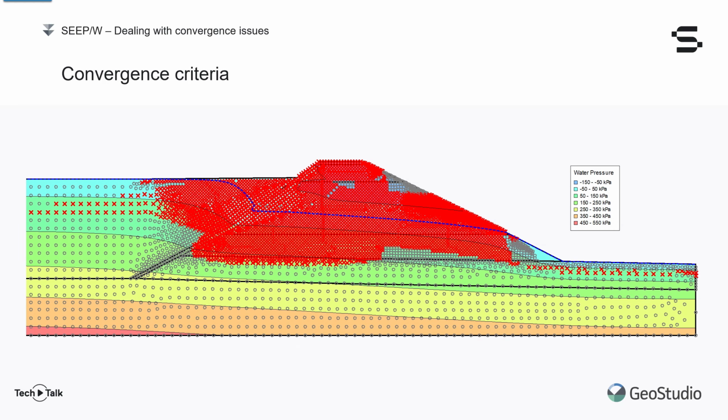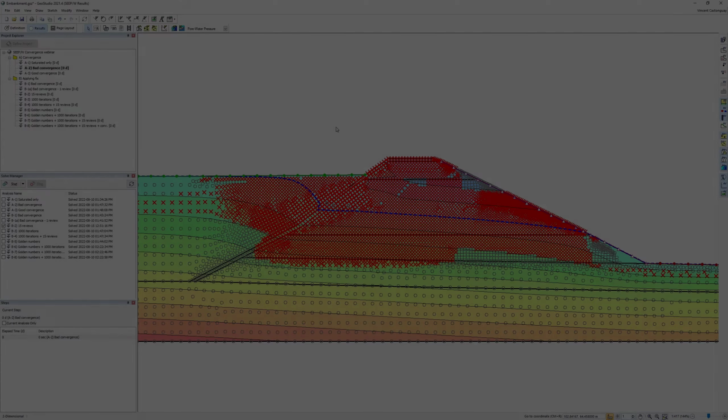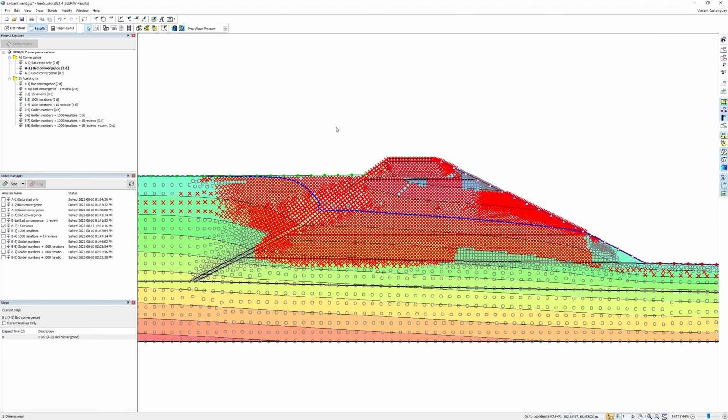Coming back to the results from our tailings dam analysis, we undoubtedly have important convergence issues that need to be resolved before we can accept the results of our analysis. The rest of this webinar will focus on how to remediate bad convergence using the tools available in SEEPW. Let us now get back into GeoStudio to see what we can do about our convergence issue.